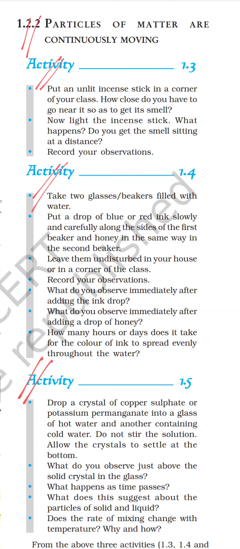Activity 1.5. Drop a crystal of copper sulfate or potassium permanganate into a glass of hot water and another containing cold water. Do not stir the solution. Allow the crystals to settle at the bottom. What do you observe just above the solid crystals in the glass?